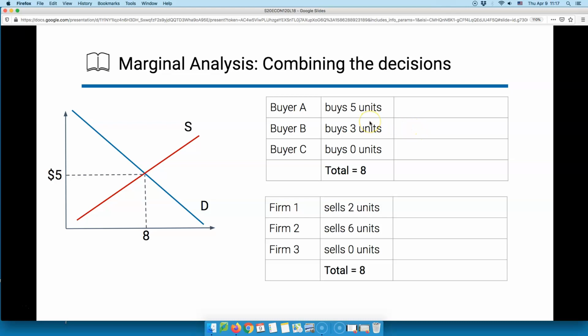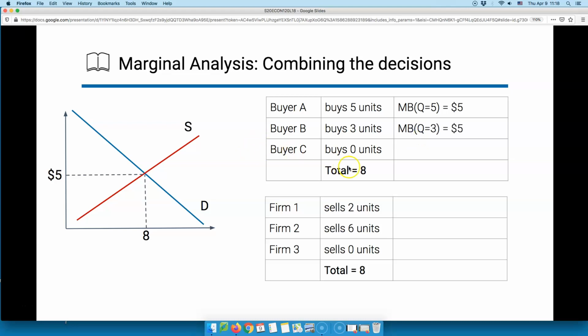So I'm going to go ahead and write it down as an equality. I'm going to say that marginal benefit of the fifth unit for buyer A is $5, but you can always remember that in the discrete world, it could be 5 or more. For buyer B, if the buyer purchases 3 units, the third unit's marginal benefit has to be very close to 5 as well, 5 or slightly higher.